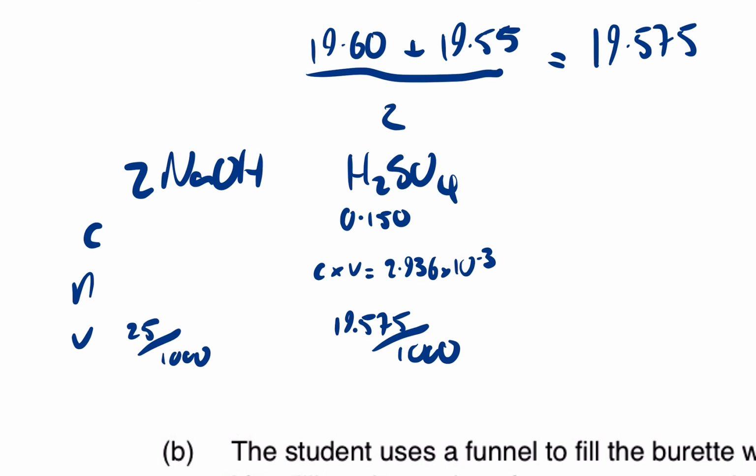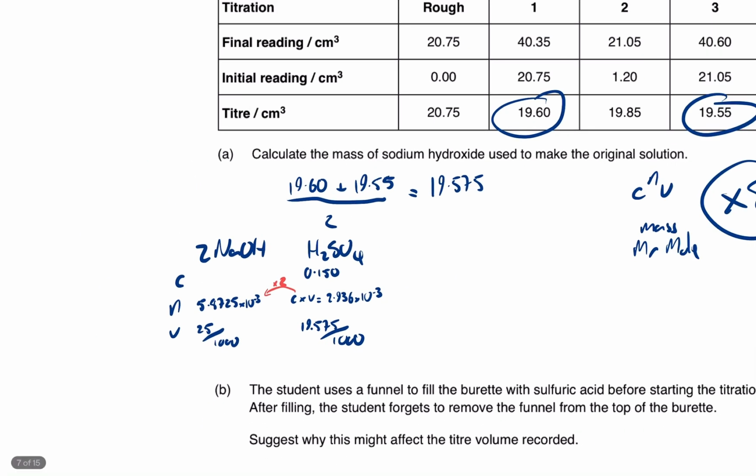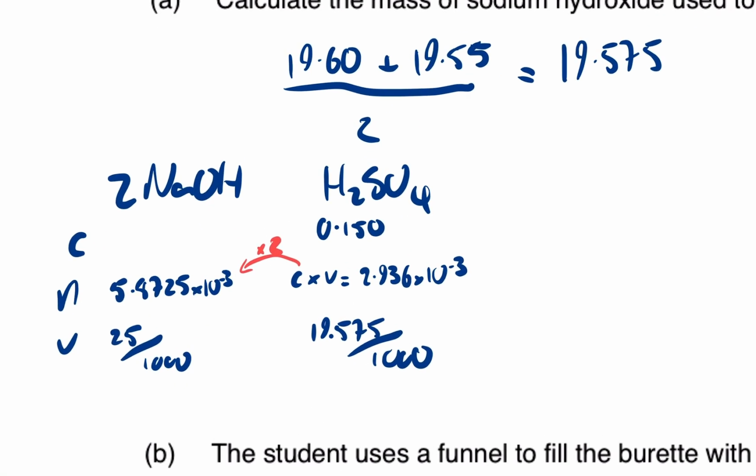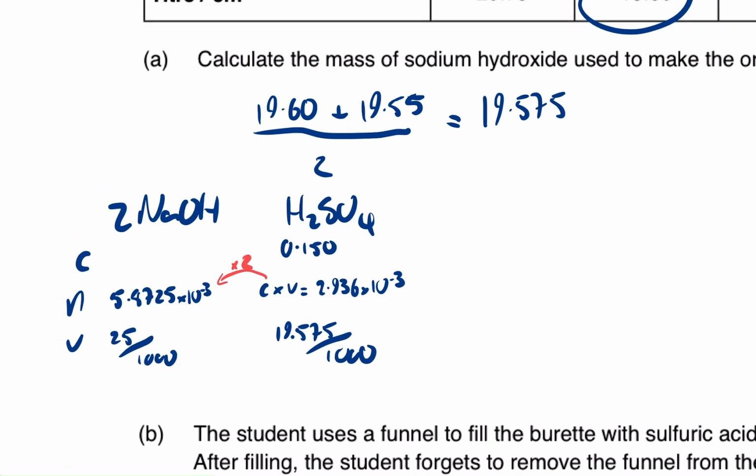Now I use my molar ratio to work out how many NaOH I have, so I'm going to have to times this value by 2, which gets us to 5.8725 times 10 to the minus 3. So that's our moles in 25 centimetres cubed.